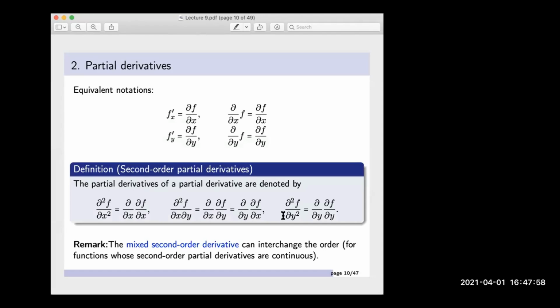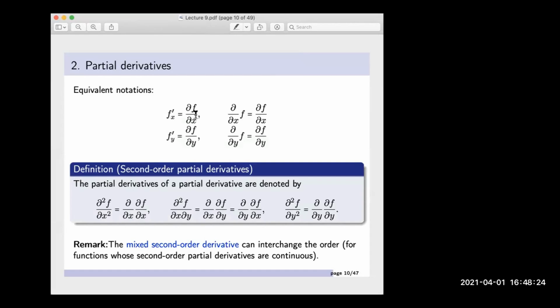So we have different notation for partial derivatives. Okay? You can use a prime with subscript x representing that you are taking the derivative in x. If the subscript is y, then it represents that you are taking the partial derivative in y. And these simply represent the standard partial derivatives with the notation we just used.